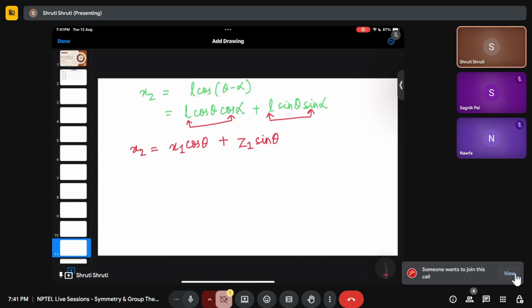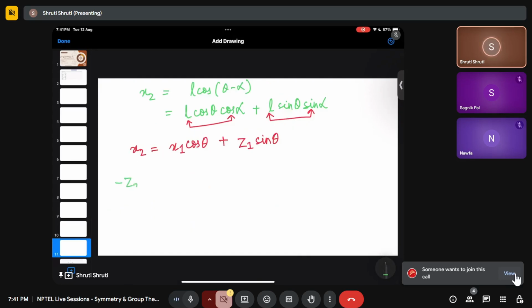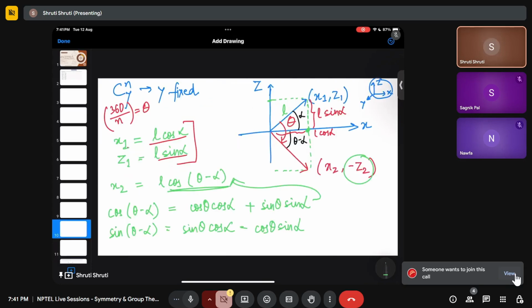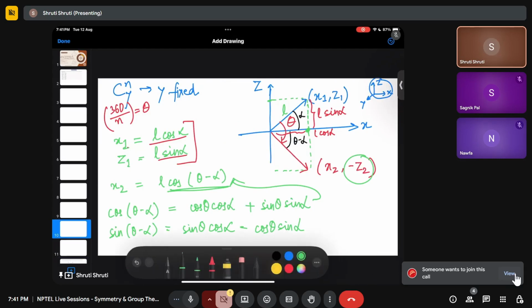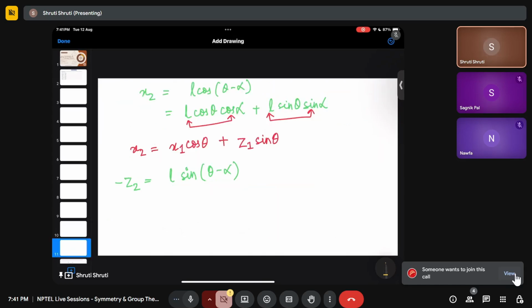Okay. So now same way we have to deduce for minus z2. How will you write it? Minus z2 is equal to L sin theta minus alpha, which is your z.